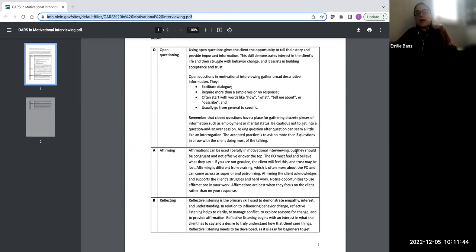So when we're looking at open-ended questions, we're really thinking about asking questions that are going to open up the conversation, okay? So trying to avoid questions where you might get a yes or no answer from the person. So it might look something like starting a question off with how, what. I love asking, can you tell me about this?